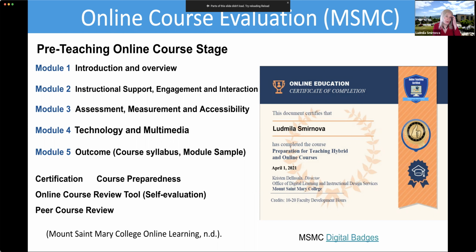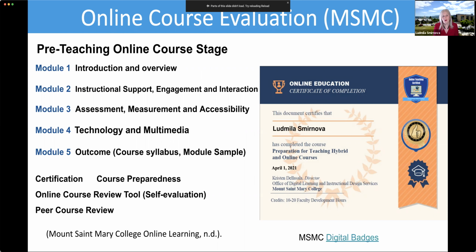So module 3 is the module where faculty learned about different types of assessment, not just tests, but also authentic ways of assessment, what measures to use, and accessibility issues are also involved.